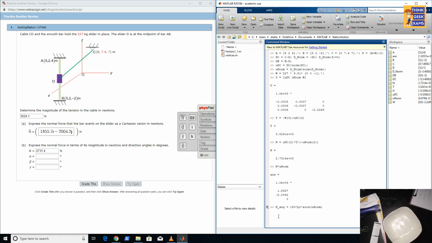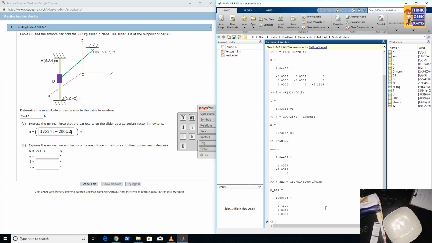So u norm has the cosines of the angles. We find the arc cosines of those numbers. That'll give us radians, and this converts these radians into degrees.